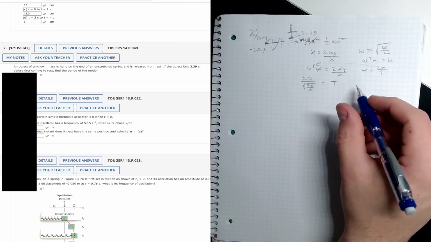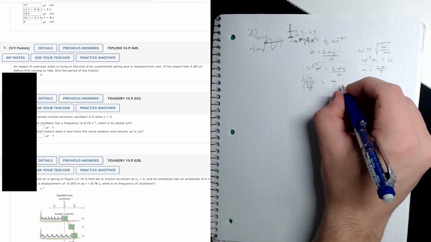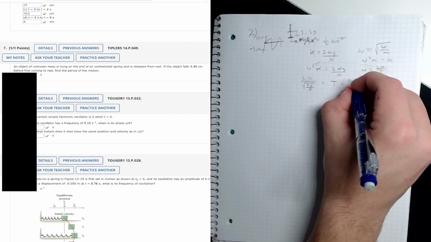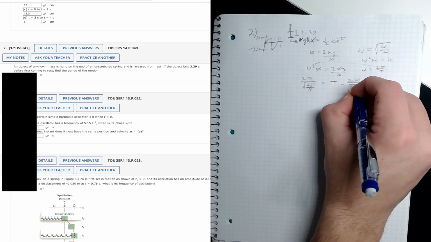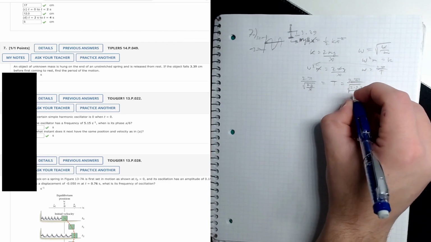Once you plug in our values, it's going to be 2 pi over the square root of 2 times 9.8, which is g, over x.